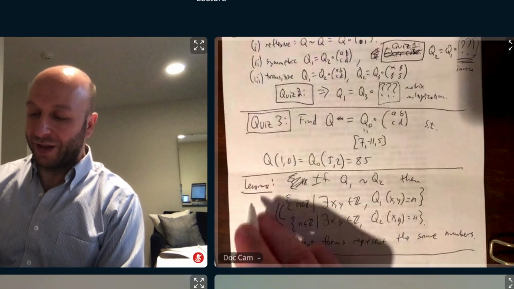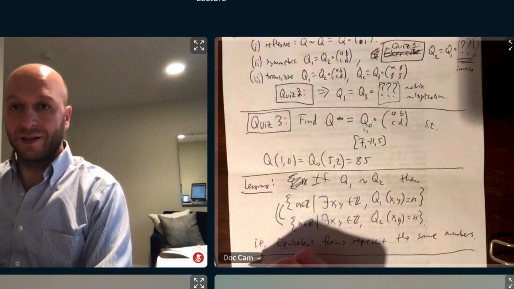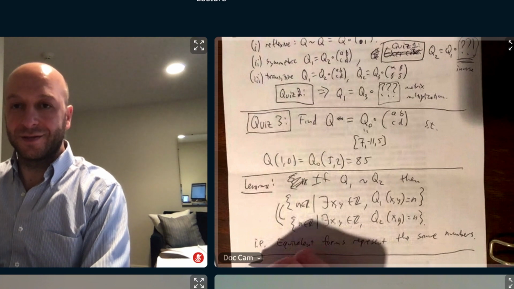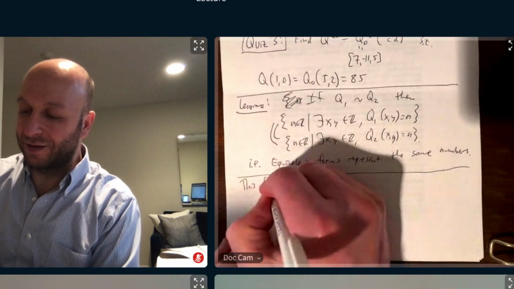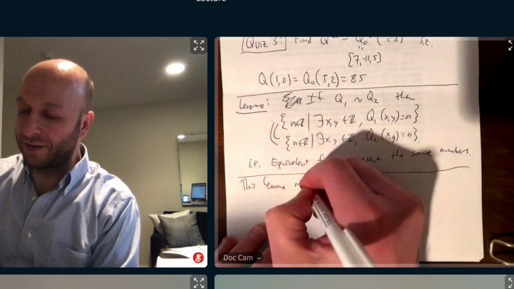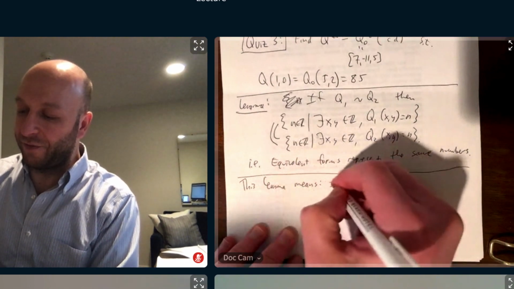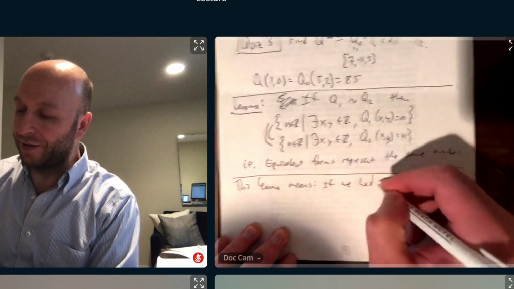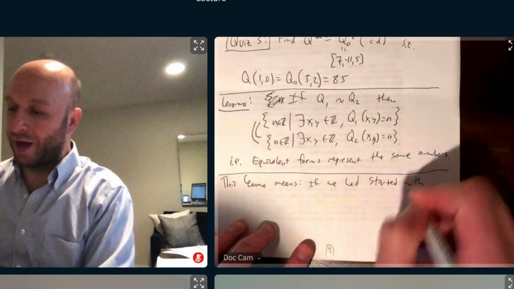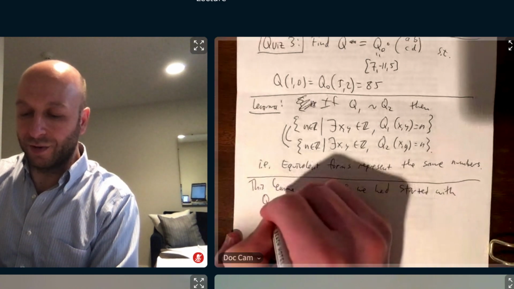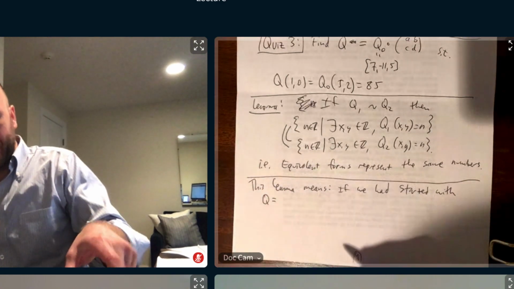What is this lemma? This lemma means, here we go, if we had started with Q, where's one of our equivalent forms?